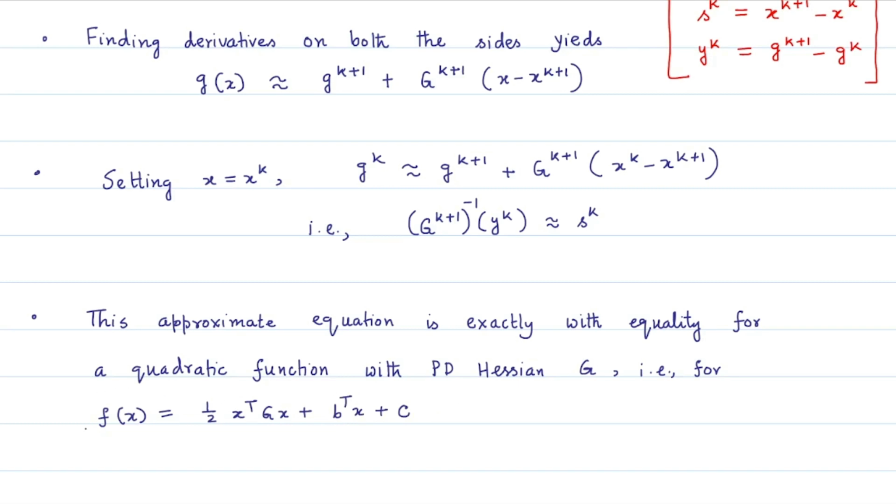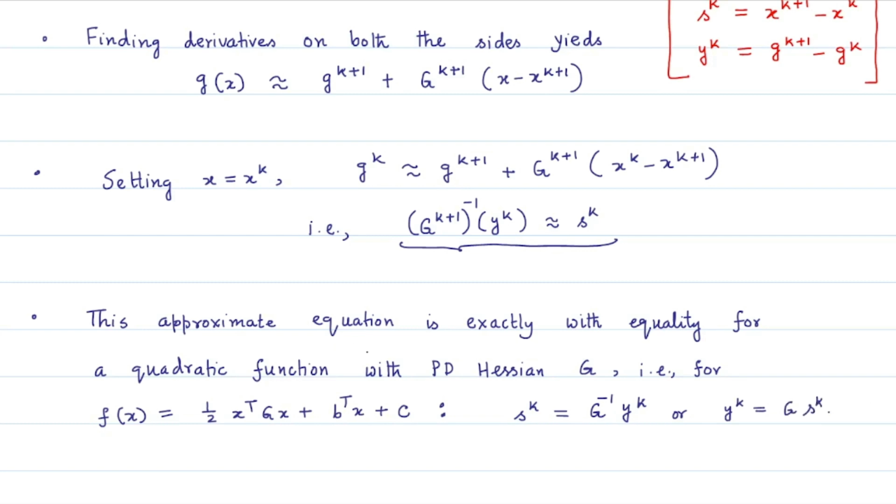And for such a function f, we will have exact equality, that is we shall have sk given by the Hessian matrix G inverse times yk. Or if you do not want to compute the inverse of the Hessian, this equation is given by yk equal to G times sk.